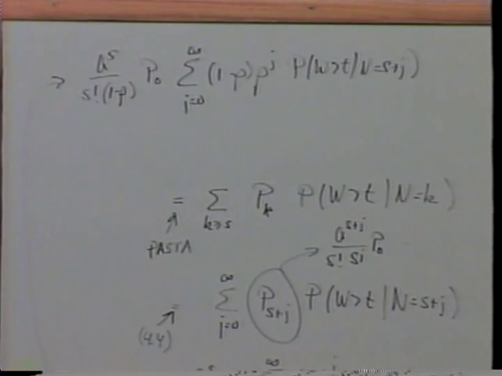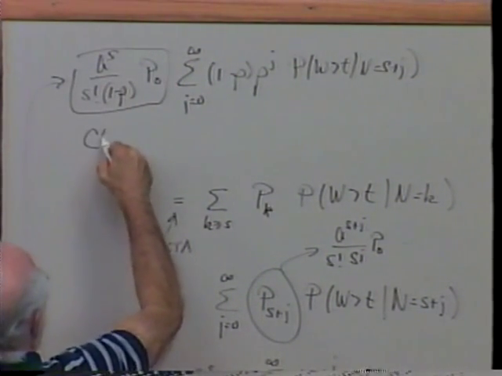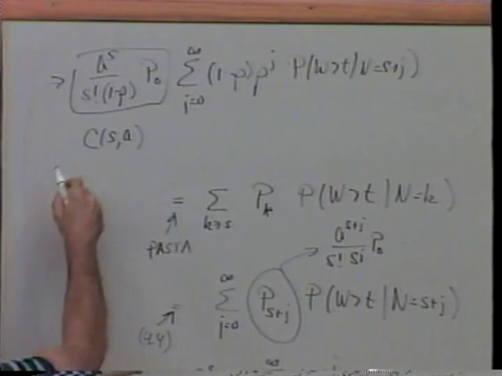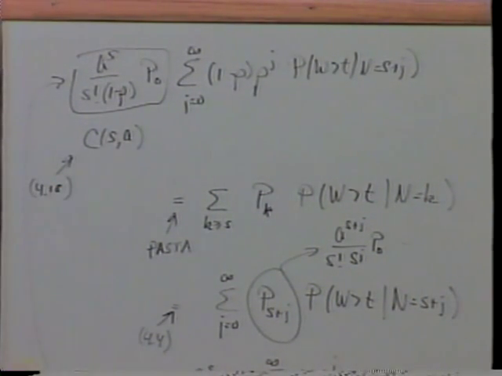Now, this piece right over here can be shown to be exactly equal to the Erlang C. In other words, if you go back and look at the formula for the Erlang C, that's what it is. Now, it's interesting.